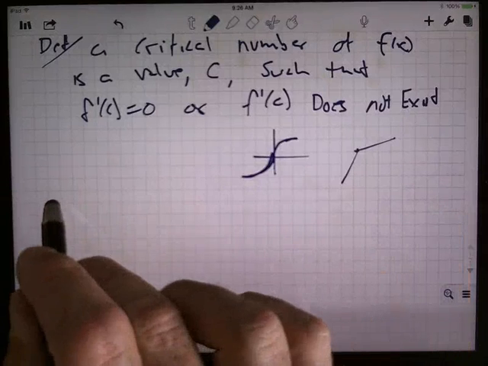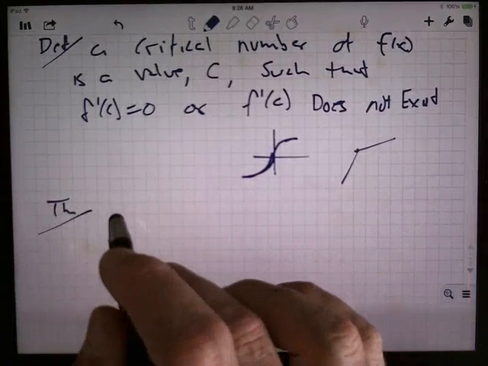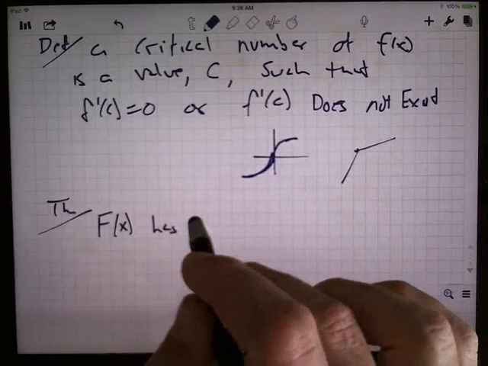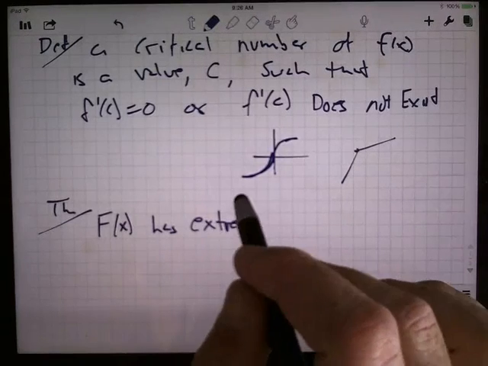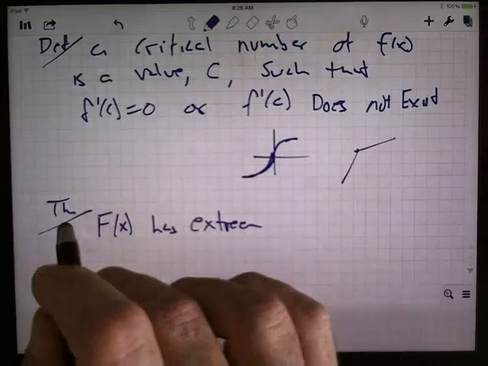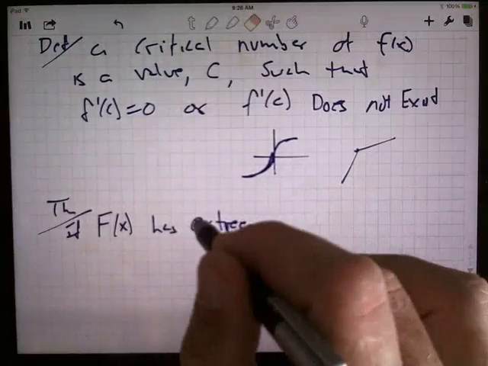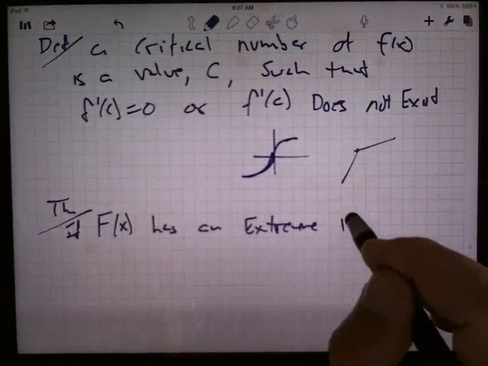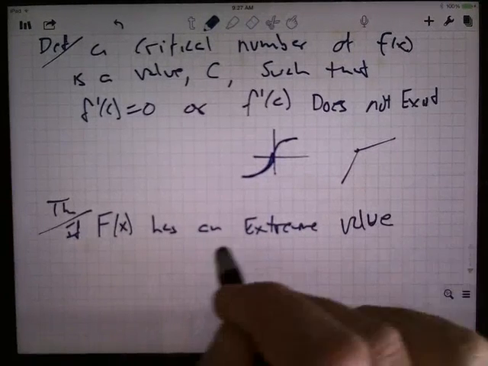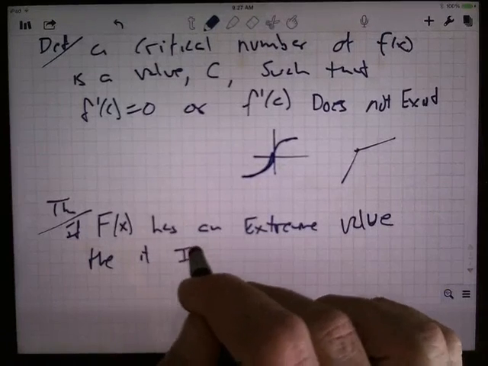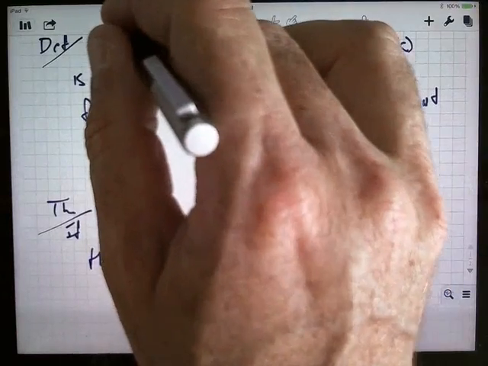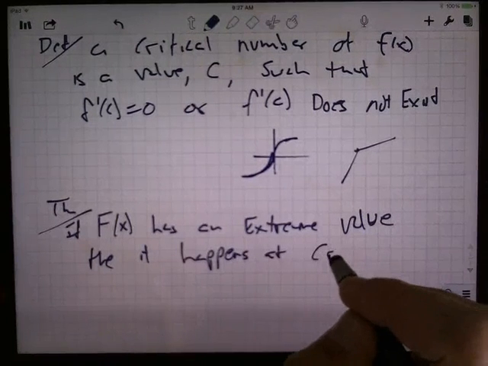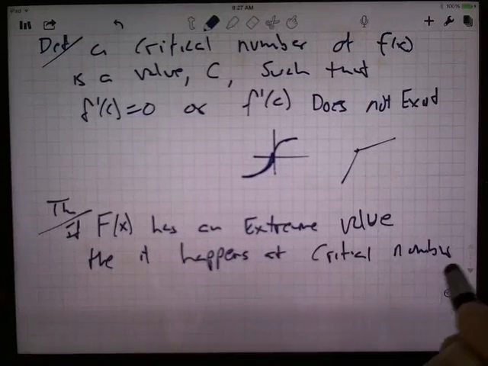Okay. And the theorem that we want to work with here says that if f of x has an extreme value, so either a max or a min, then it happens at a critical point, at a critical number, or at an endpoint of the domain.